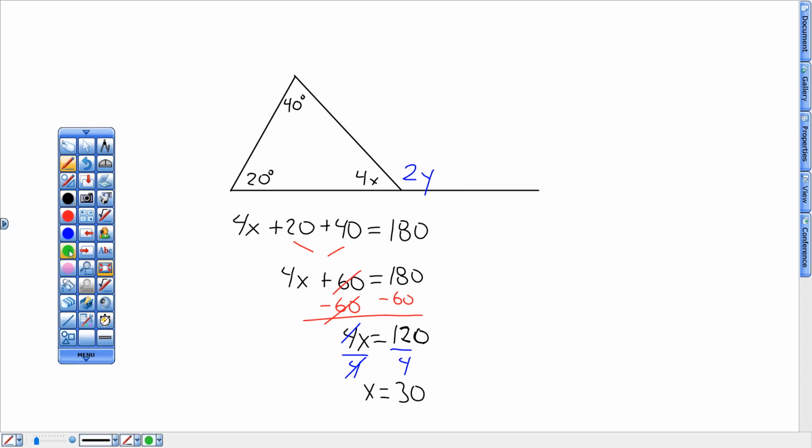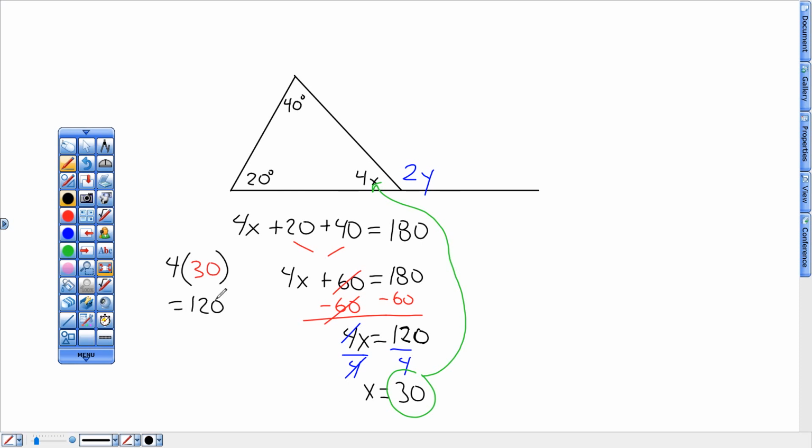It doesn't mean that this angle is 30 degrees. It does not. It just means that x is 30. And if I want to find that angle, I could take that 30 number right there, times it by 4. That will give me the degrees of that angle. When I take that 4 and I replace that x with 30, because x is 30, that gives me 120.